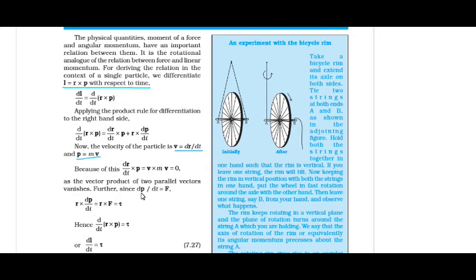Further, since dp by dt is equal to F, we can write r cross dp by dt is equal to r cross F. The rate of change of momentum is known as force. So r cross F is equal to tau. Hence d(r cross p) by dt is equal to tau.